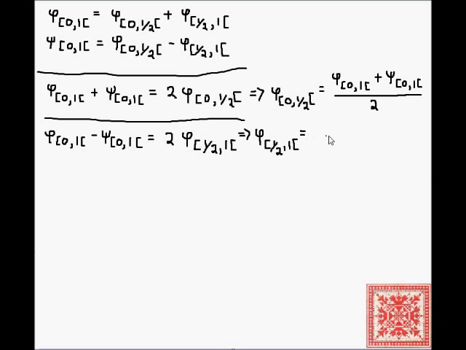So some algebra here, phi from 1/2 to 1 is equal to the difference of phi from 0 to 1 minus psi from 0 to 1, divided by 2.